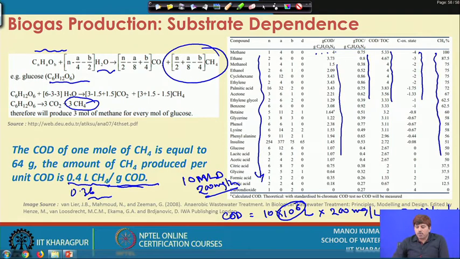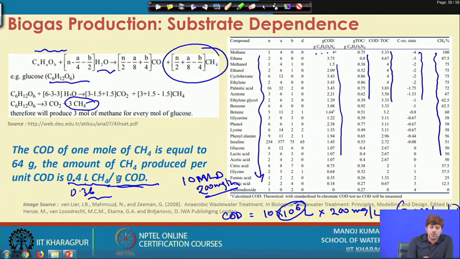Or, let us say the inflow is 250 and it is removing 200 milligram per liter. Then 200 kg per day is the COD which is actually being removed from the system. Correspondingly, we can calculate how many liters of methane will be generated, at 0.4 liter of methane per gram of COD.